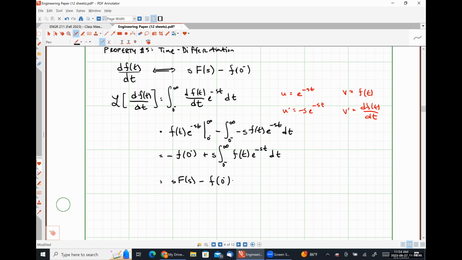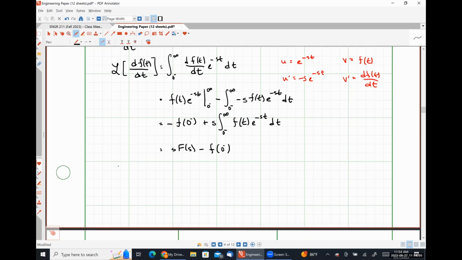So effectively, the nth derivative of our function f of t will have a Laplace transform of s to the nth power times F of s, minus s to the n minus 1 power times f of 0 minus, minus s to the n minus 2 power times the derivative of f of t evaluated at t equal to 0 minus, all the way out to s to the 0.